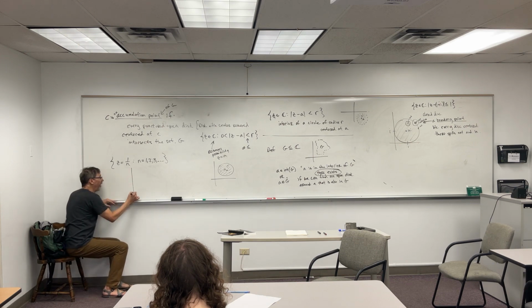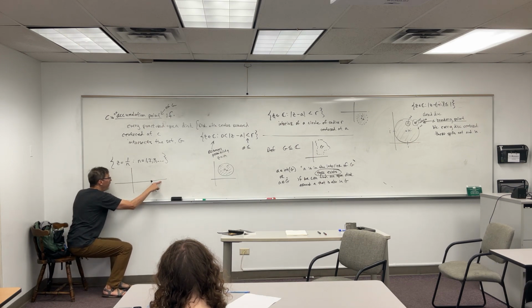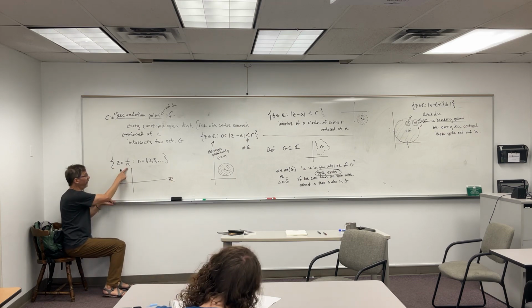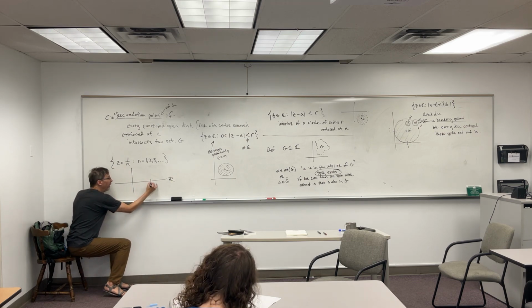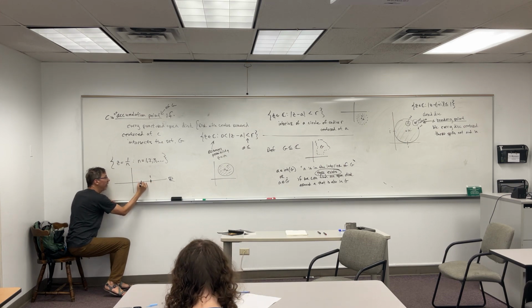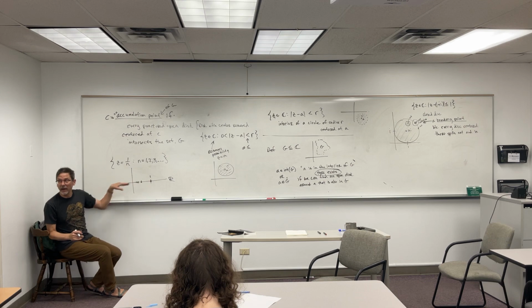So we draw this out, really just all happening here in the real axis. When n equals 1, we have z equals 1. When n equals 2, I have a half. And then a third, and then a quarter, and then a fifth. And I see this infinite regression of points headed towards 0.